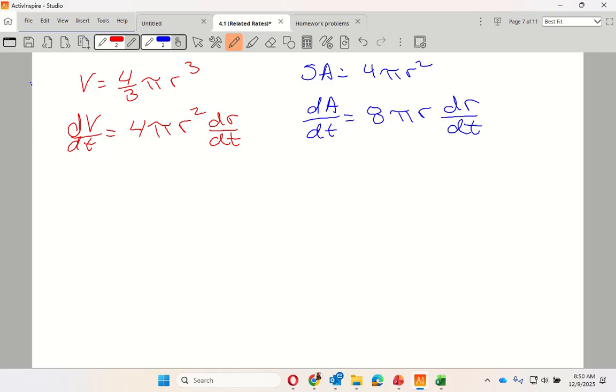Now, this is a puzzle. I took the first step, I took derivatives. Now what else could I do?